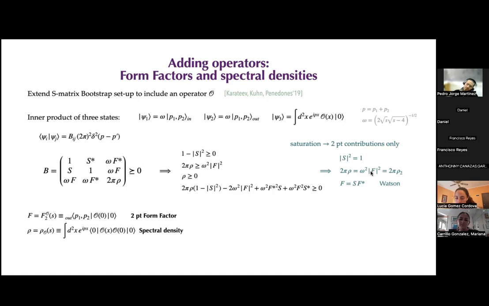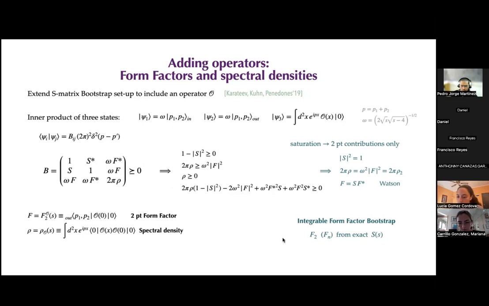because this is the two-particle form factor. And finally, but very importantly, you have this Watson's equation from this third condition. If you saturate unitarity and also have this other condition, you're left with this equation that relates the imaginary part of the form factor to the amplitude. So this is called Watson equation, and it's used in integrability.